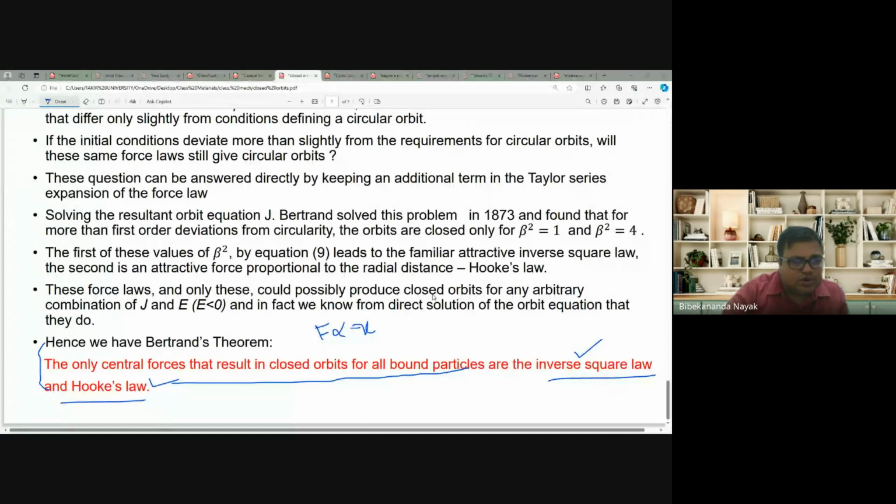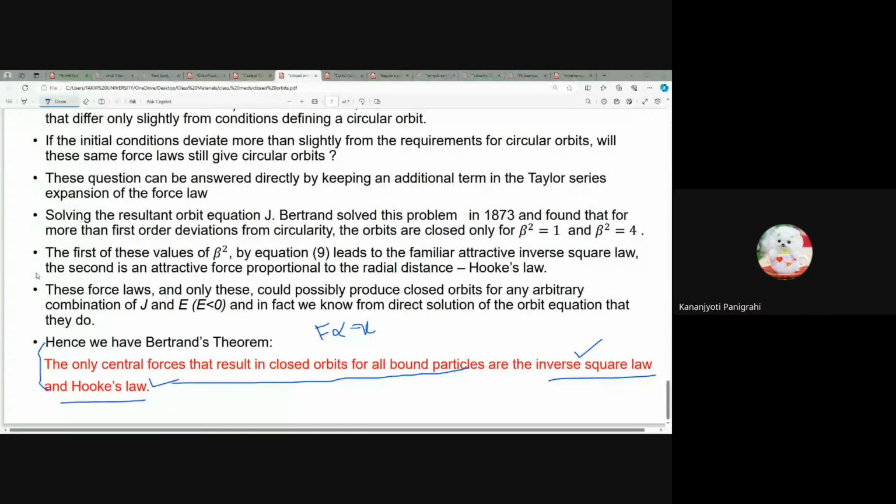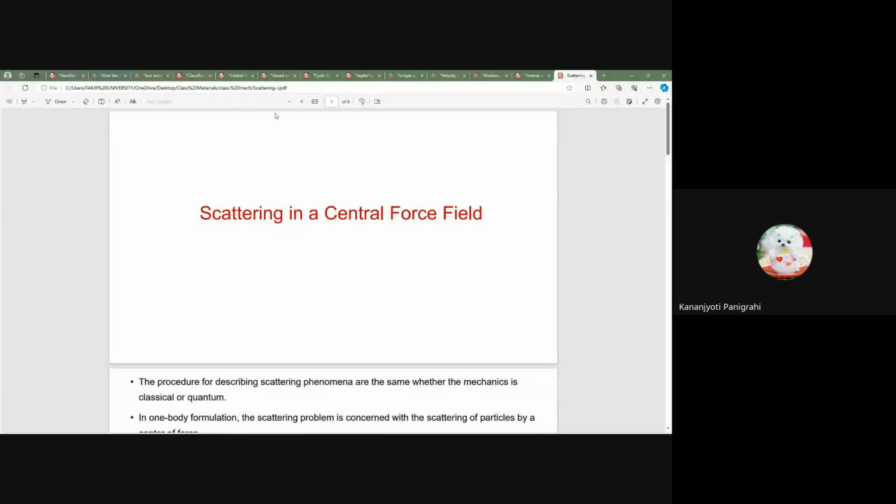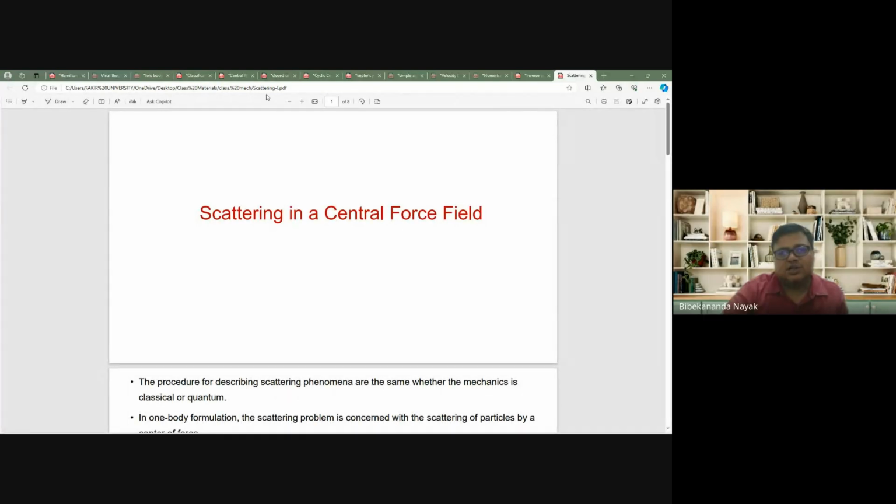Next we go for scattering in a central force field.